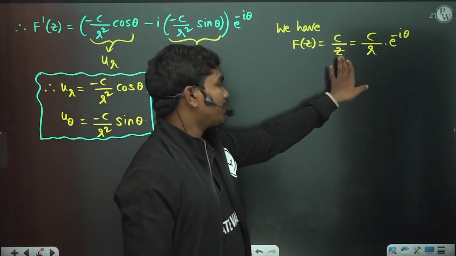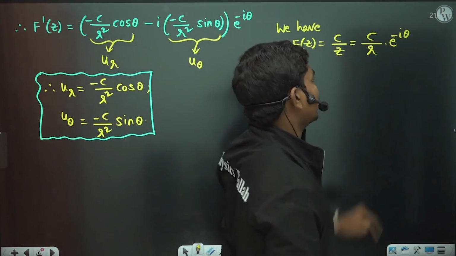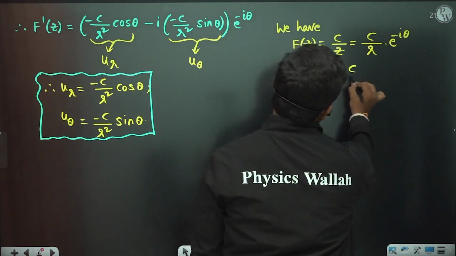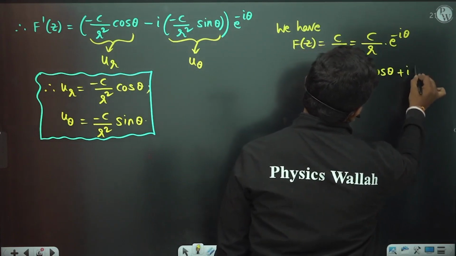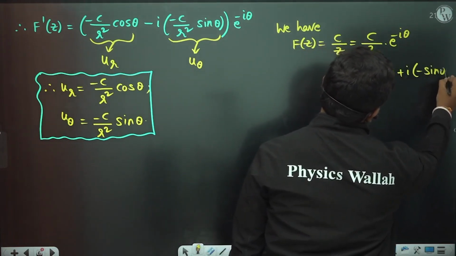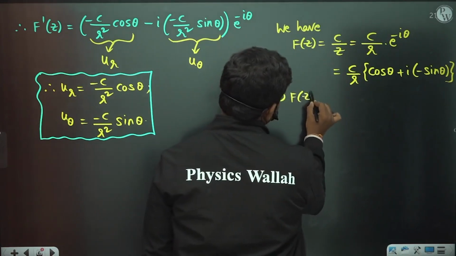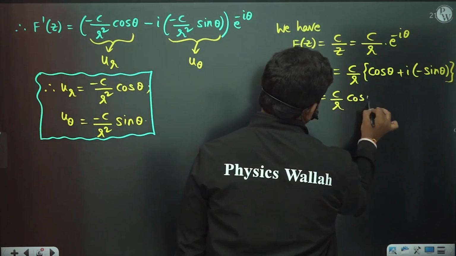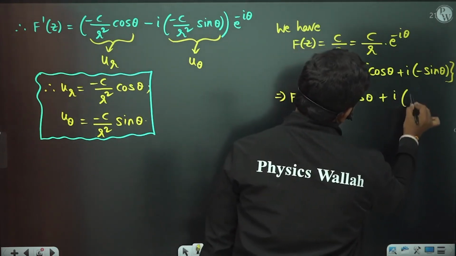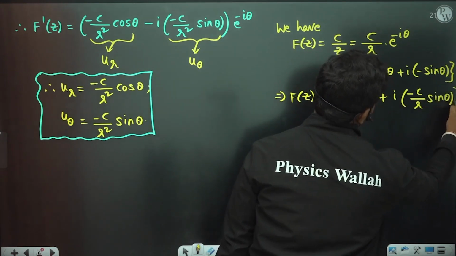So r I am keeping in the denominator, e power I theta I am shifting to the numerator with a minus sign. So if you simplify this, c by r times cos theta plus I times minus sin theta. So if you expand this, we get f of z is equal to c by r cos theta plus I times minus c by r sin theta. Correct? So this is what you have.